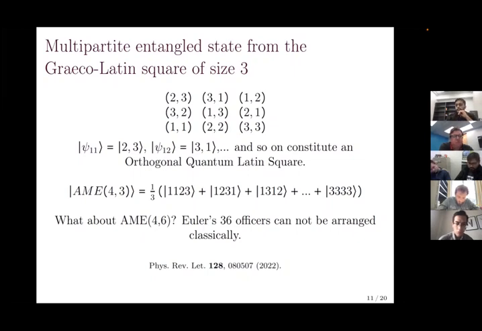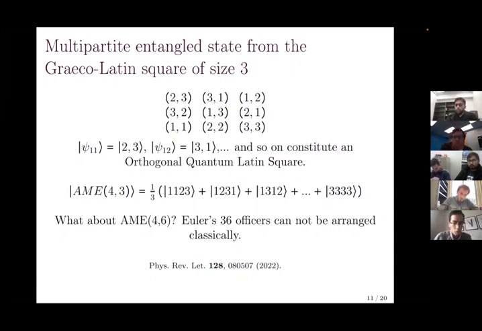So I think the answer to the question is yes, that if you find an absolutely maximally entangled state, it will have to be of size 4 subsystems, but you can always find a corresponding orthogonal quantum Latin square.